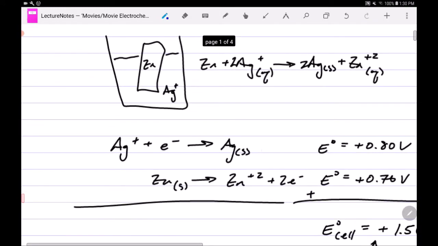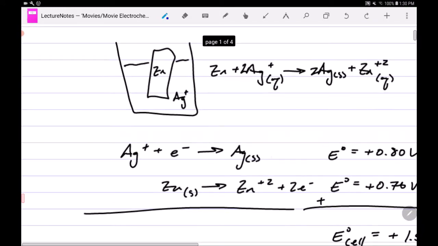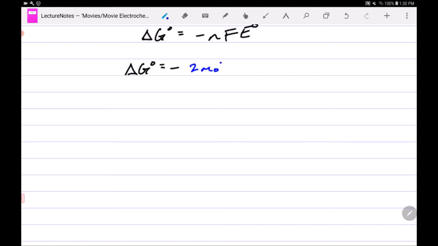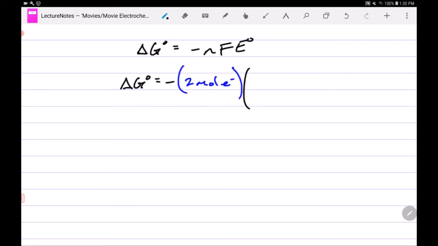So we do multiply it by 2, we just don't do it here. We do it here. And then Faraday's constant, which is 96,485 coulombs per mole of electron, and the moles of electrons cancel.